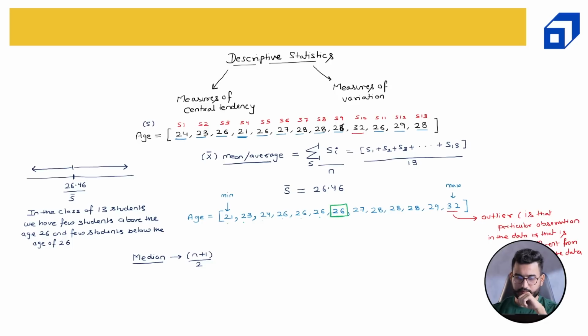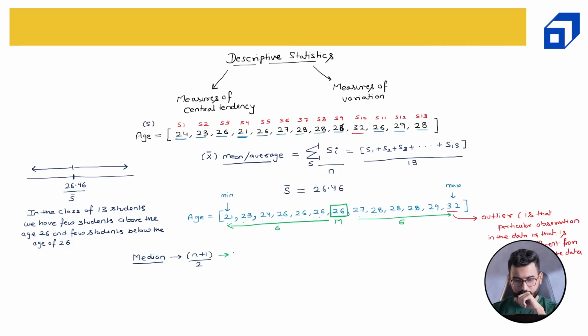This is my center. Below this 26, this middle point, I'll write M to depict that this is the middle point, I have 6 observations. Above this I also have 6 observations. So median describes the exact center point of the data.